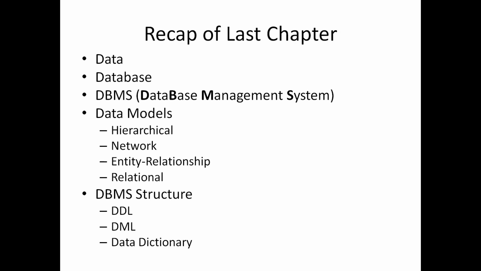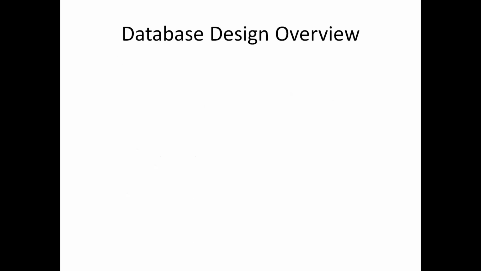Entity relationship is the topic of today's talk. We also talked about the DBMS structure, what is DDL (data definition language), data manipulation language, and what is a data dictionary. Based on this, we'll now move on to what are entity relationship diagrams, or what it really means by entity relationship.